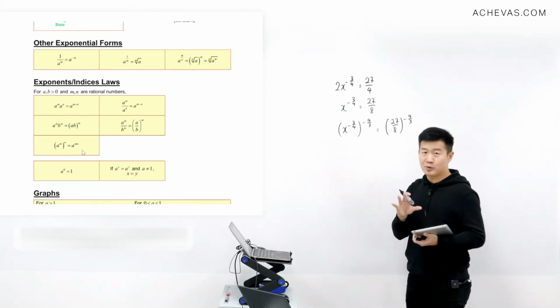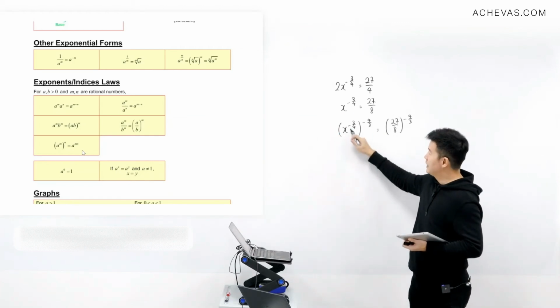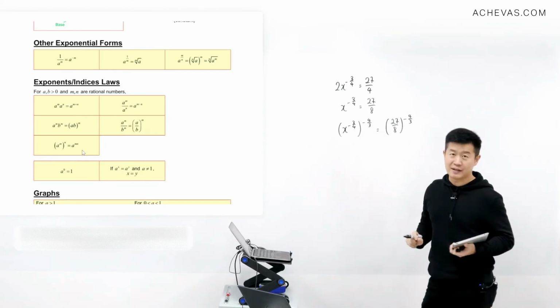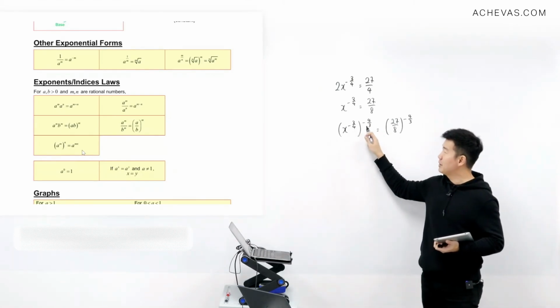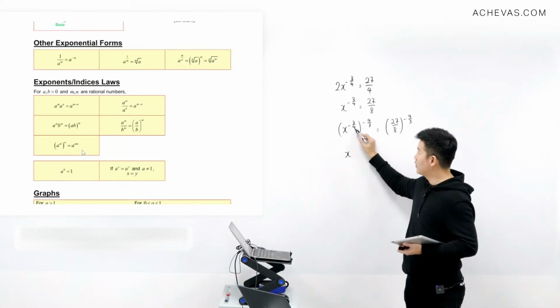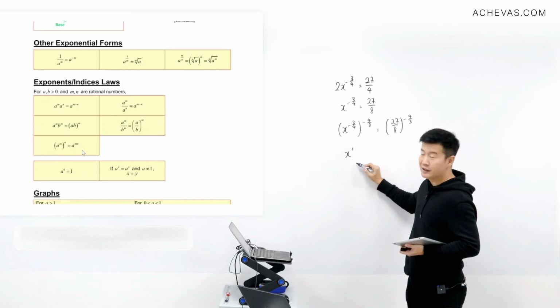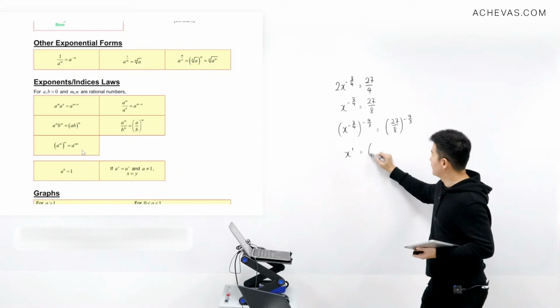And the reason why I'm doing so is because if I were to apply the law of indices to this, then it will be this multiplied by this for the new power or the new index of x. And what is this multiplied by this? It gives me 1. So here we have x to the power of this times this, which is 1. It's going to be equal to 27 over 8. Let me just write it down.